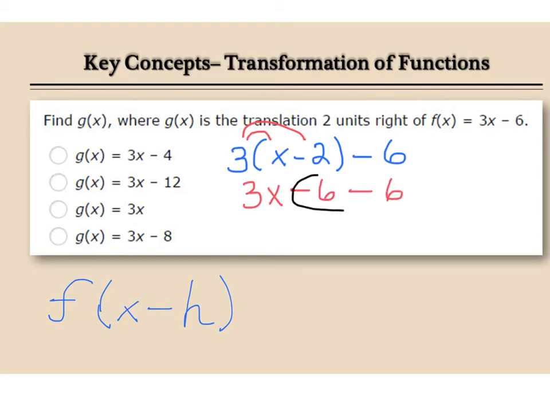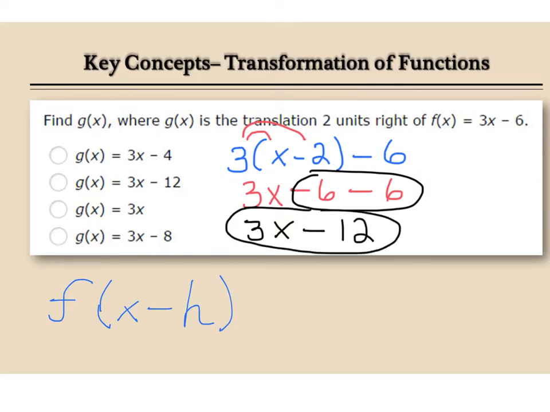I can only add my numbers together, so I end up with 3x, and negative 6 and negative 6 is negative 12. So g of x is 3x minus 12, or that answer right there.